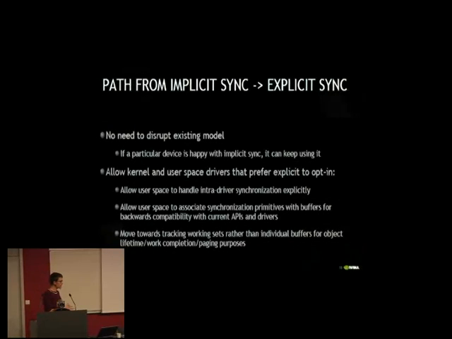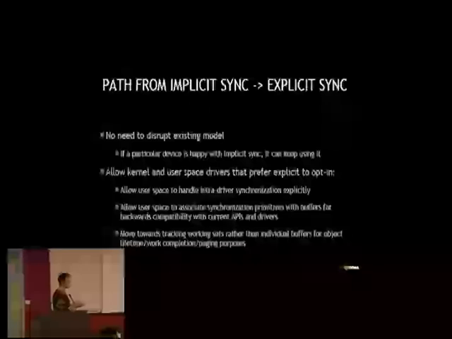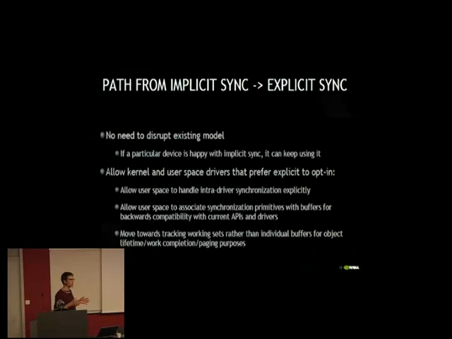In order to keep backwards compatibility, if you have a DRM driver that is using explicit sync and not attaching fences to buffers at submit, then you need to be able to attach those fences to buffers before you pass those buffers to an implicit driver that expects to find fences attached to the buffer.